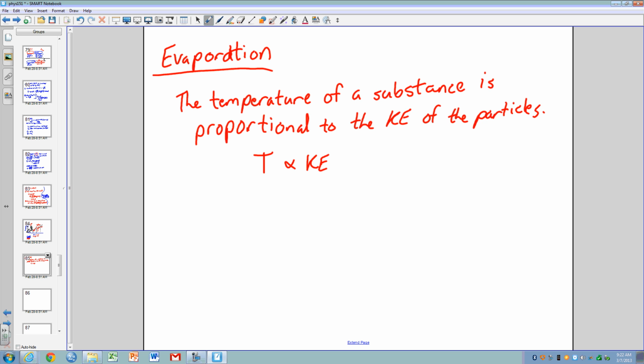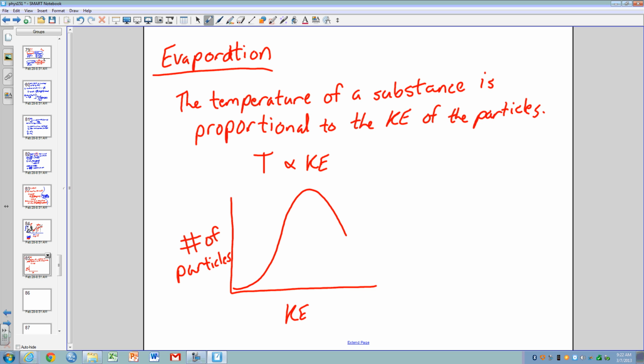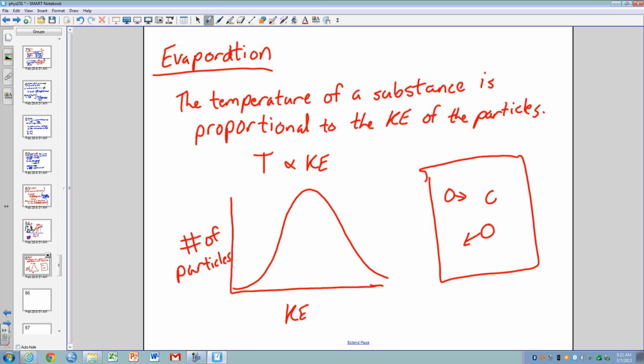And then if I plot, in thermodynamics, this is a pretty common plot, the number of particles in a gas versus the kinetic energy, it's going to look like this. If I have a container of gas particles that's enclosed, I have gas particles that are moving in all different directions.